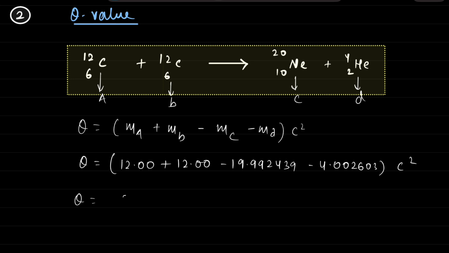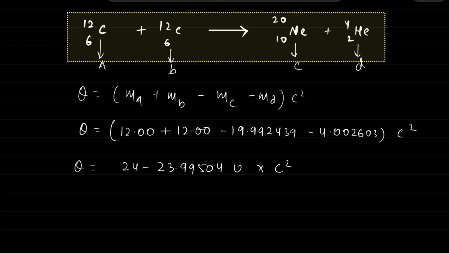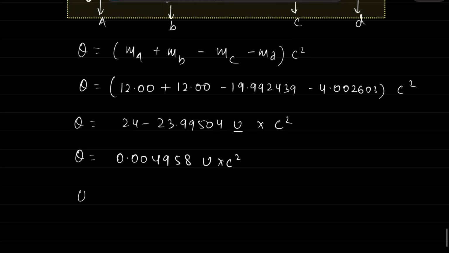So Q is equal to 24 minus 23.99504 u into c squared. Further, we will change this u to energy. So we can write 0.004958 u into c squared, and Q is equal to 0.004958 into 931.5 MeV by c squared into c squared.